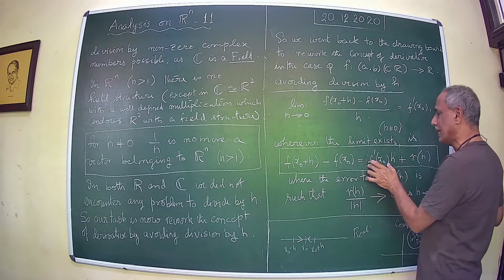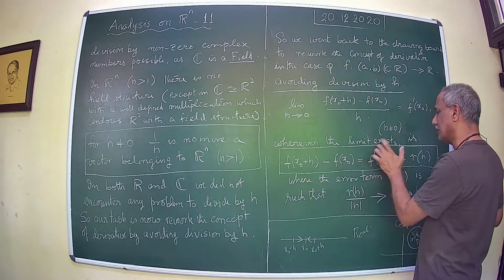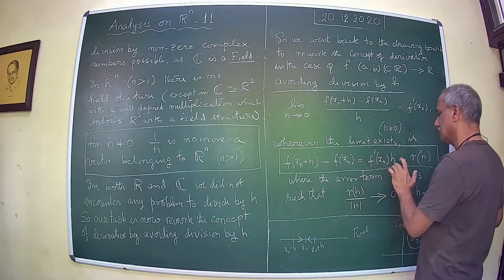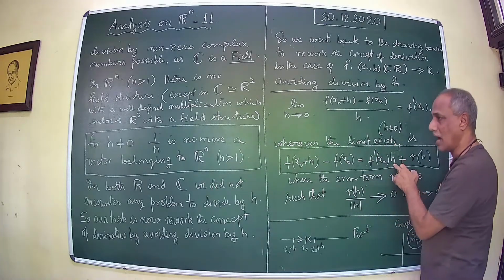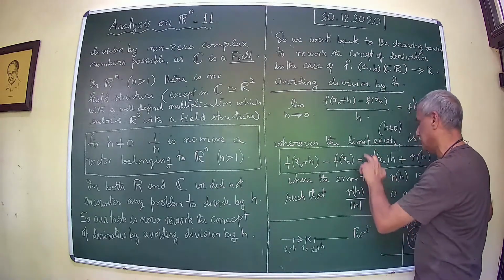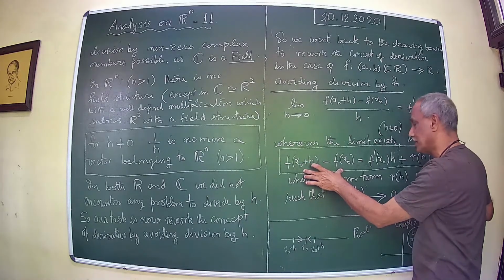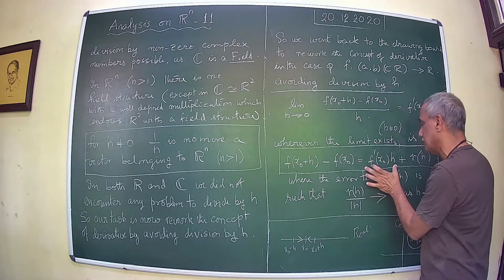So what do you need? You see that this has to be conceived as a map which acts on Rn to give you a vector in Rm. So that for consistency, this is a vector in Rm, this is a vector in Rm, they can be equated.